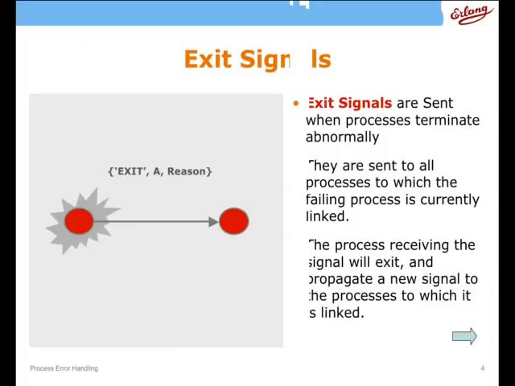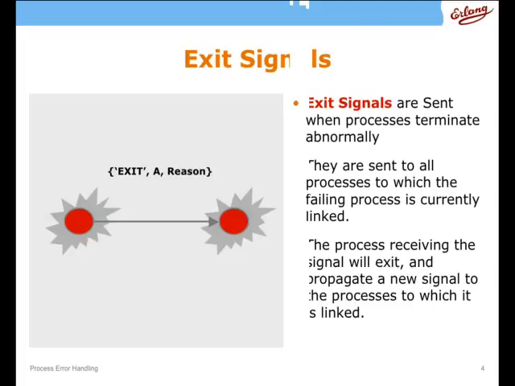What's the purpose of a link? Well, we want to build a system where we control termination of processes. So a link causes the termination of one process to be reflected in the termination of other processes.